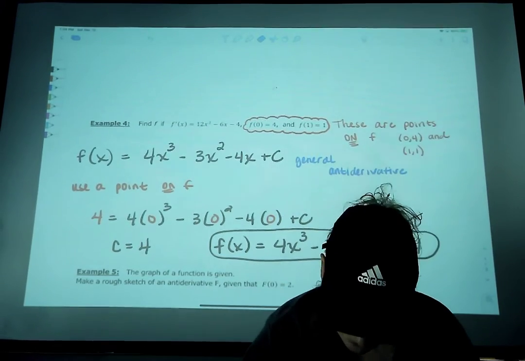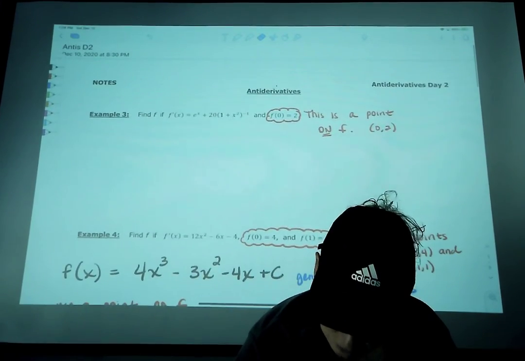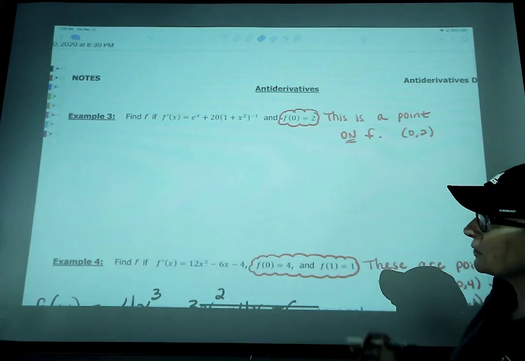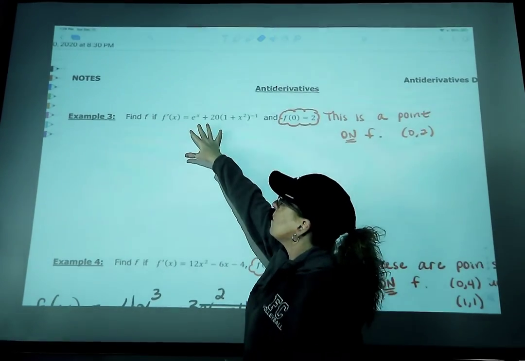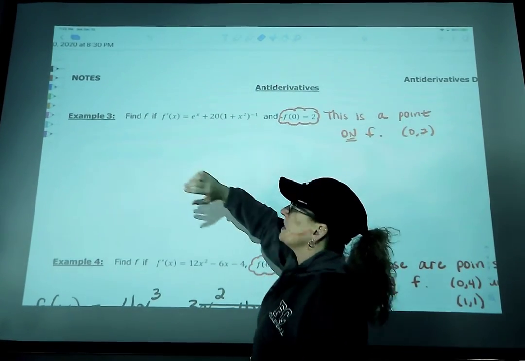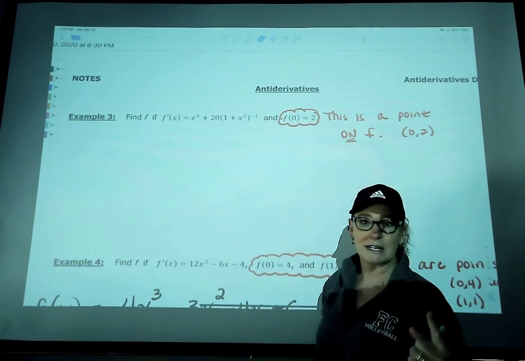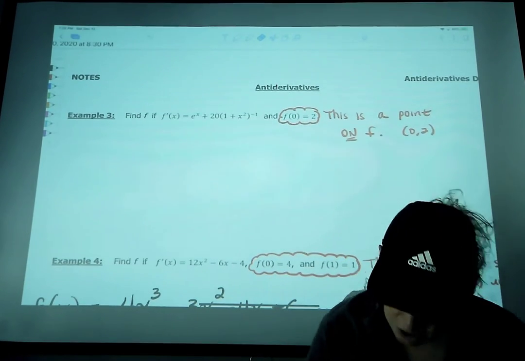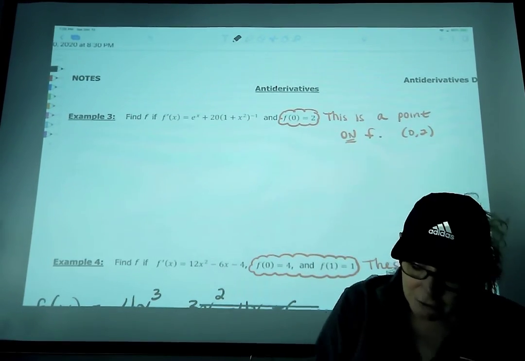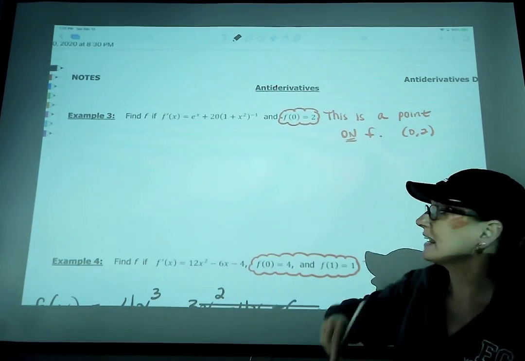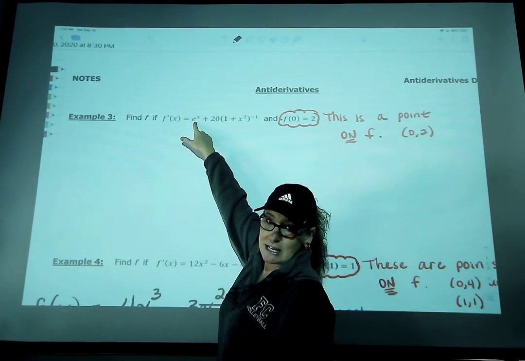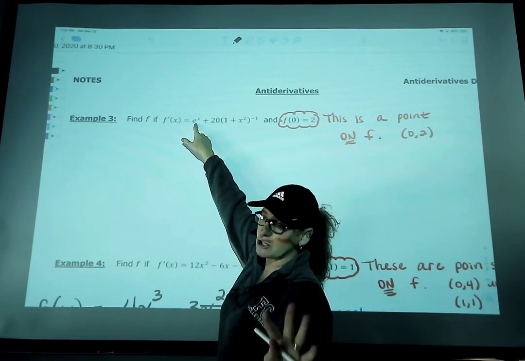Okay, the next one that I want to do with you is number 3. This one's a little more tricky. Again, same setup, only this time it's not a polynomial. I'm given the derivative, and I'm given 1 point on f. Before we start taking the antiderivative, this part's going to be easy. When I take the antiderivative on this term, super easy.